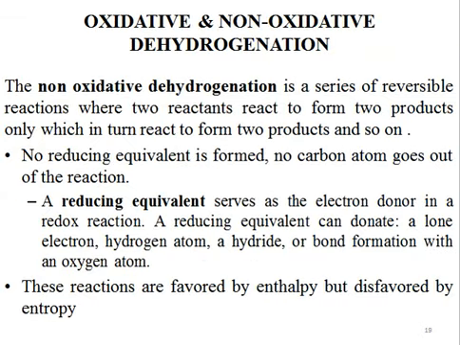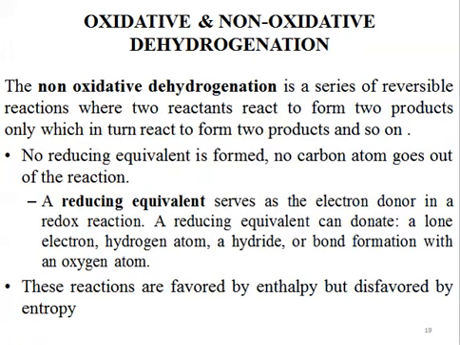Now we have two types of dehydrogenation reactions: oxidative dehydrogenation and the non-oxidative dehydrogenation reaction. Right, so we will see the non-oxidative dehydrogenation reactions first. These reactions are reversible reactions. When two reactants react to form two products, or a reactant reacts to form two products, and these two products further react to form two products only.